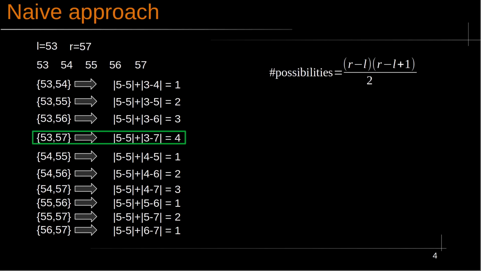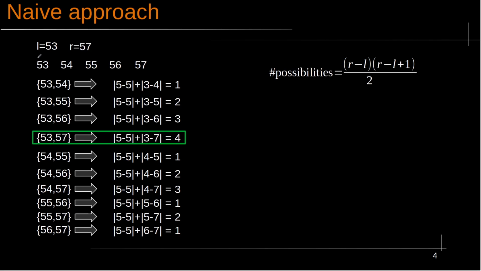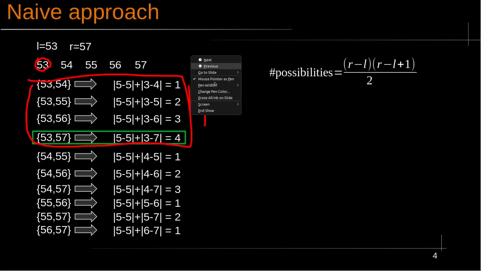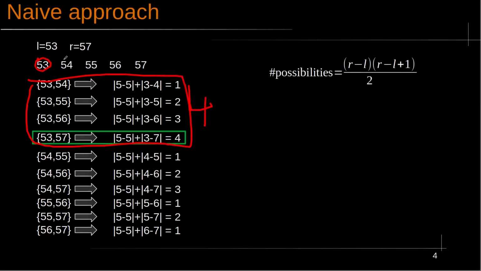What's the number of possibilities here? If I take 53, we have 4 possibilities. If I take 54, we have 3 possibilities.